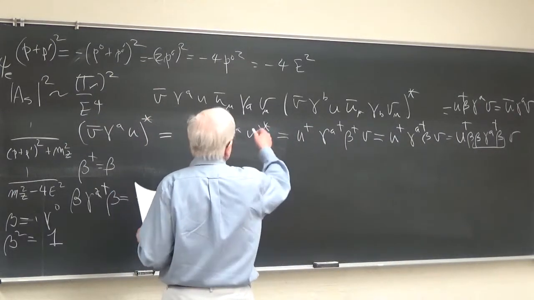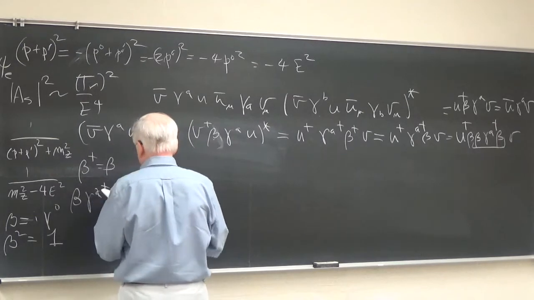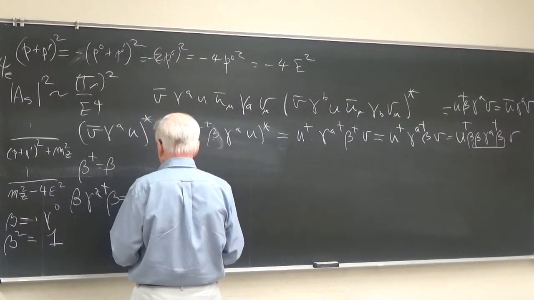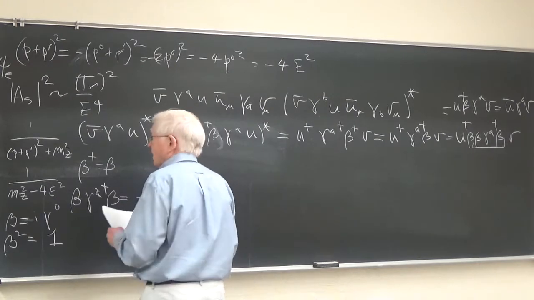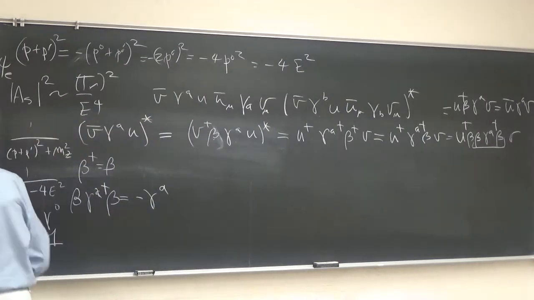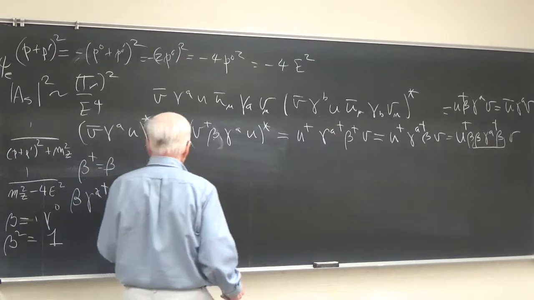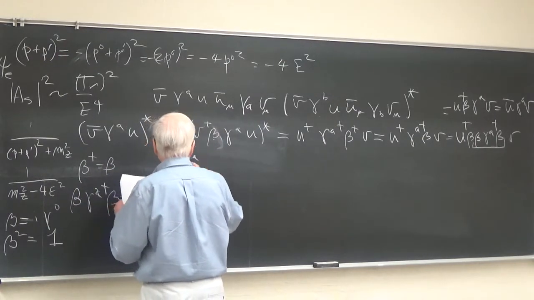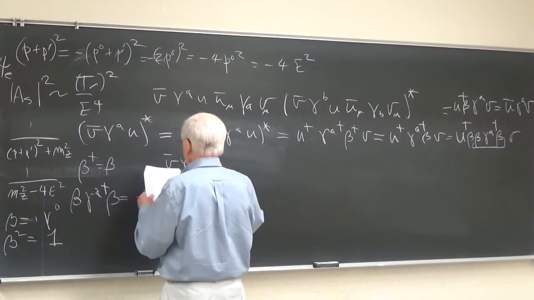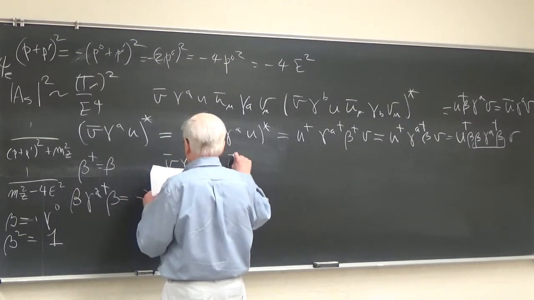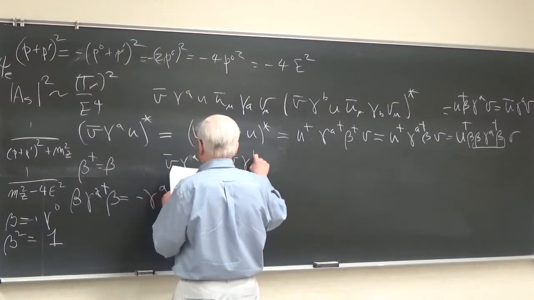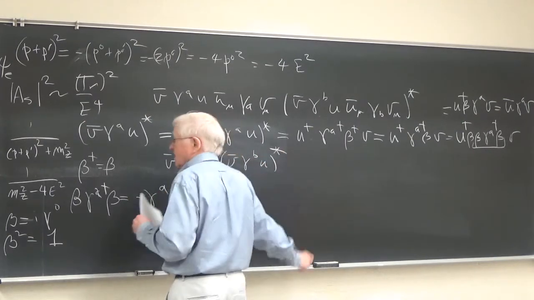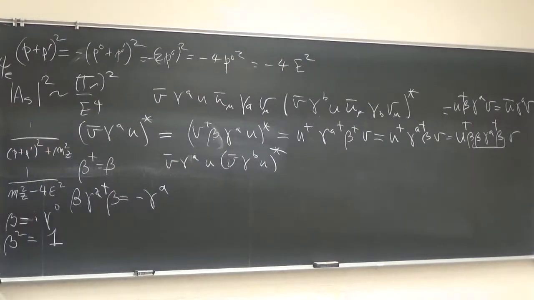So this structure that we have to compute isn't so bad. In other words, we have V bar gamma A U, V bar gamma B U. So this is the electron part.